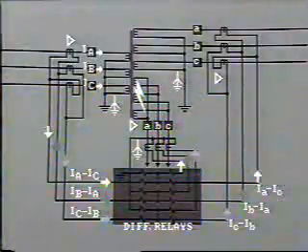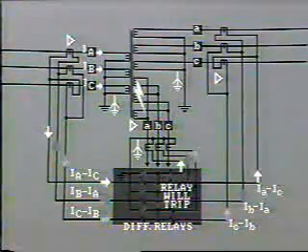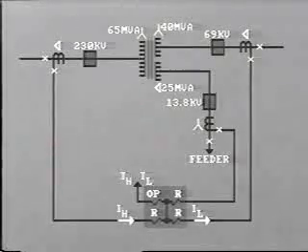If an internal fault occurs inside the transformer, then out-of-balance currents flow in the operating coils, and the relay will trip. With the multi-winding transformer, selecting the correct CT taps and calculating the mismatch is similar to our earlier example.